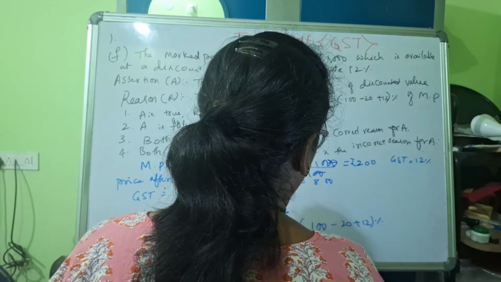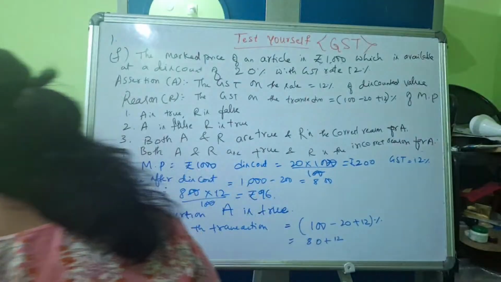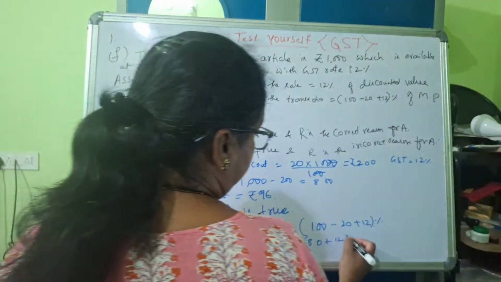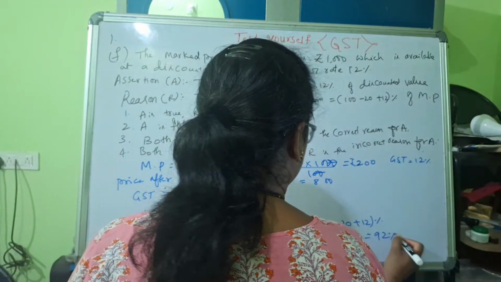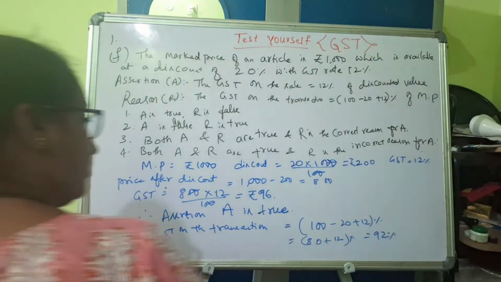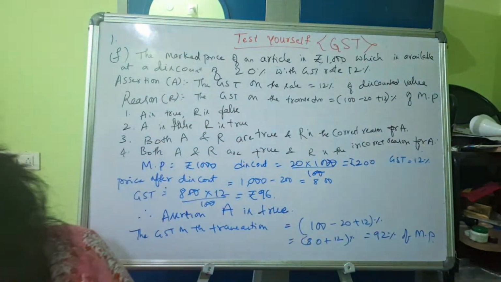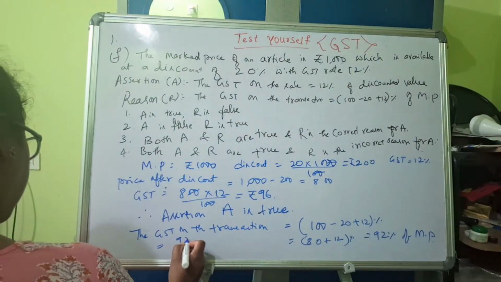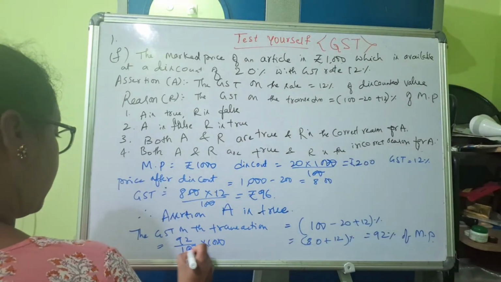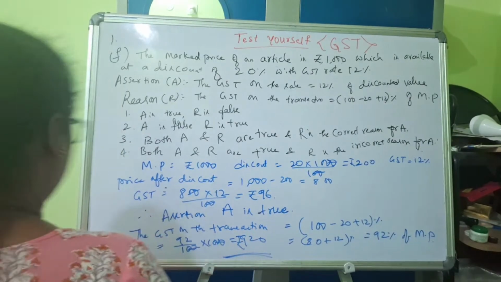That means 100 minus 20 is 80 plus 12%, which is equal to 92% of market price, which is equal to 92 divided by 100 into 1000, which is equal to 920, which is not at all correct.